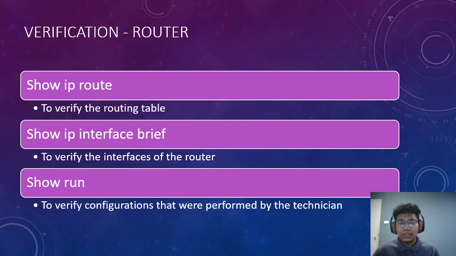Show ip interface brief is to verify the interfaces of the router, their IP, and whether or not they are manually down or manually up. And show run, I use personally to show the configurations that I've done on each interface so that I can identify if I have not done a command or not.